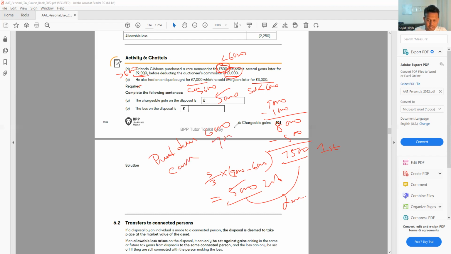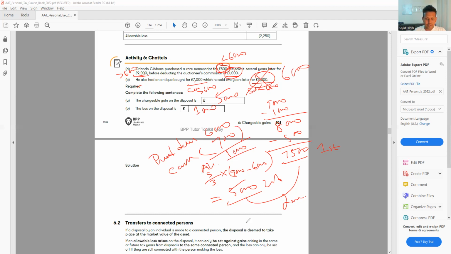So that brings me a loss of 1,000. So this is my allowable loss. Allowable loss 1,000. Remember, the loss will not be the difference between 7,000 and 3,000, the loss will not be 4,000. Even though I sold it for less than 6,000, it will always be treated as 6,000.